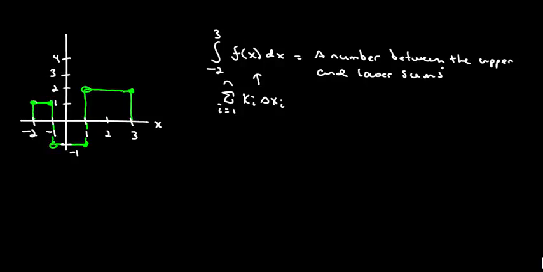Basically, if we have that upper estimate for the sum and the lower estimate for the sum, this is the number that's between those two, no matter which ones you take. And it's going to be a signed area of the region between the graph and the x-axis. So sometimes it'll be positive, sometimes it'll be negative, but it is the total signed area.